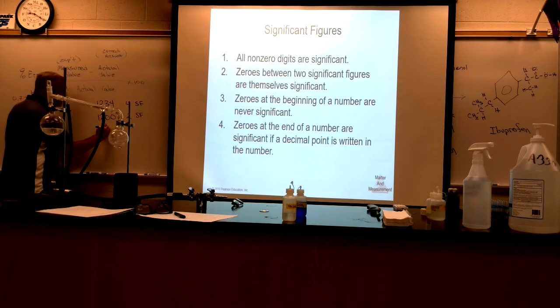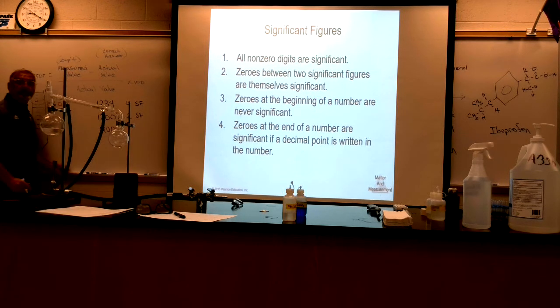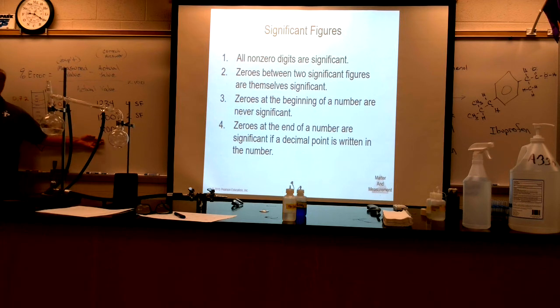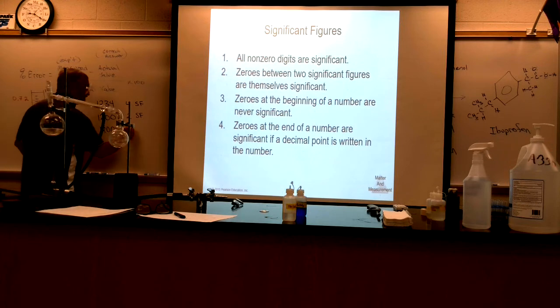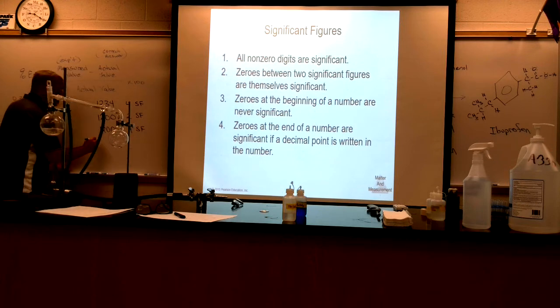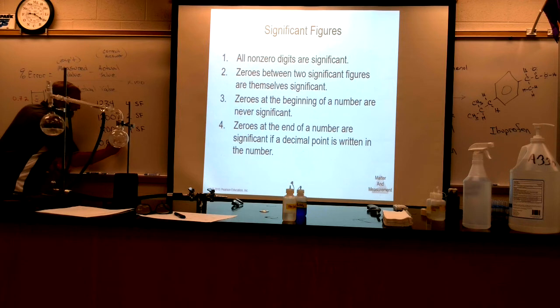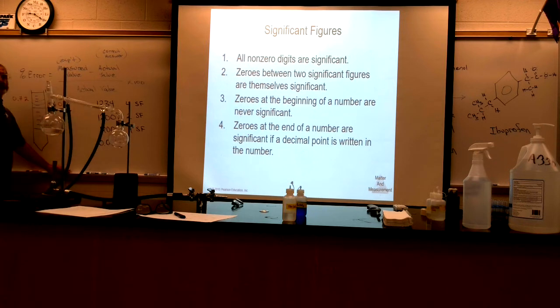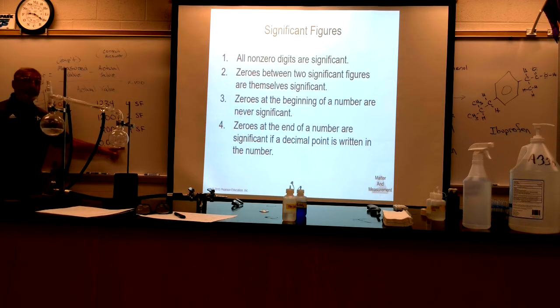But if I say 1,200 and I write the decimal point, now that's saying those zeros are showing accuracy, that there were exactly 1,200 people, or it weighed exactly 1,200, or I had exactly 1,200 anything that I was measuring. So this is going to be 4 sig figs. Okay? So if I say 0.02050, the last 0 counts, right?